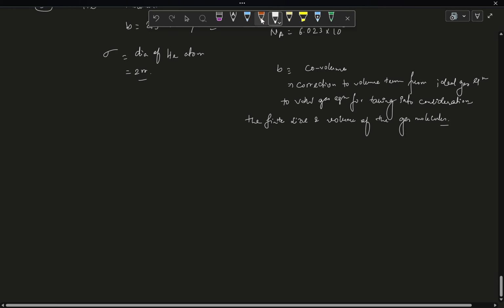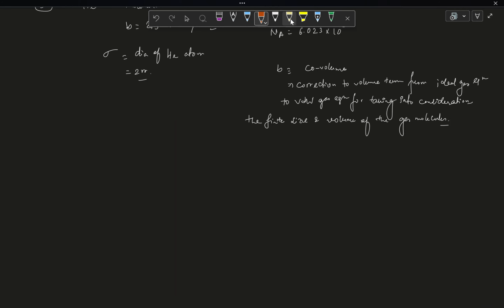So if this is your one atom and this has a radius of r, which is sigma by 2, then this is the diameter sigma, and this r is equal to sigma by 2 in here.